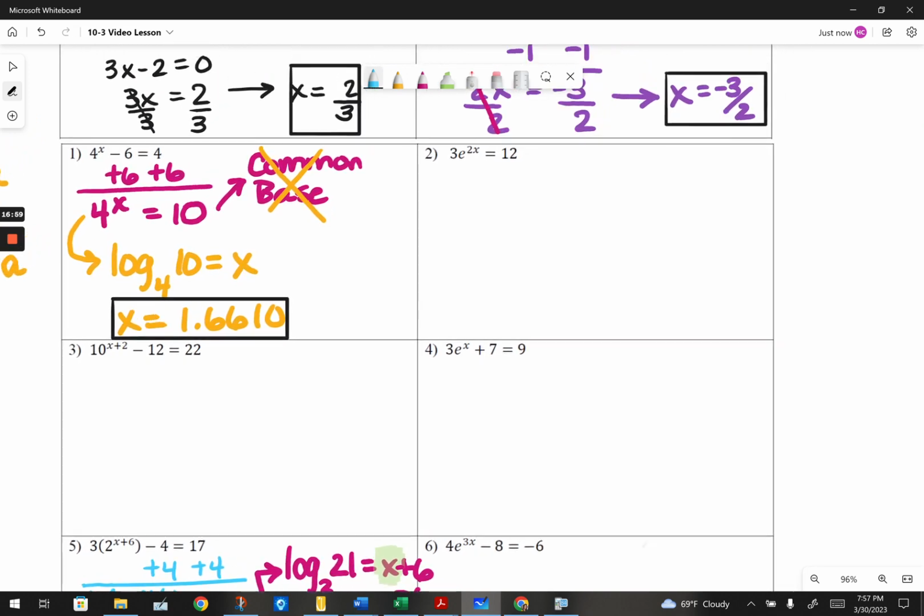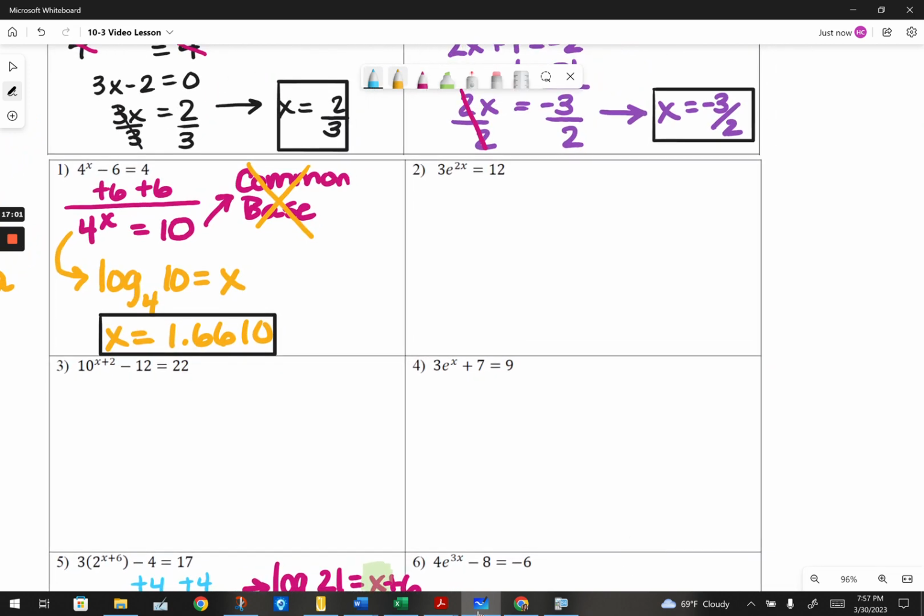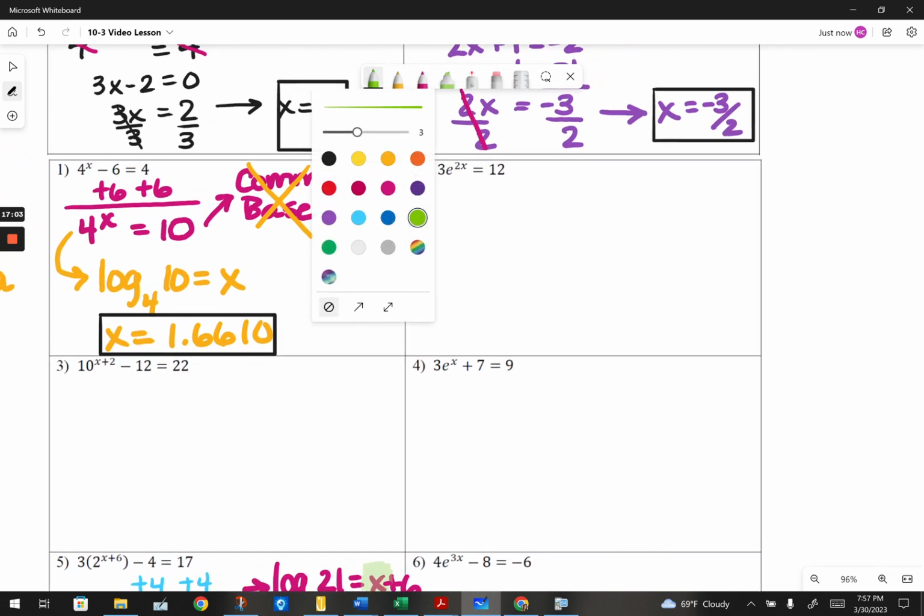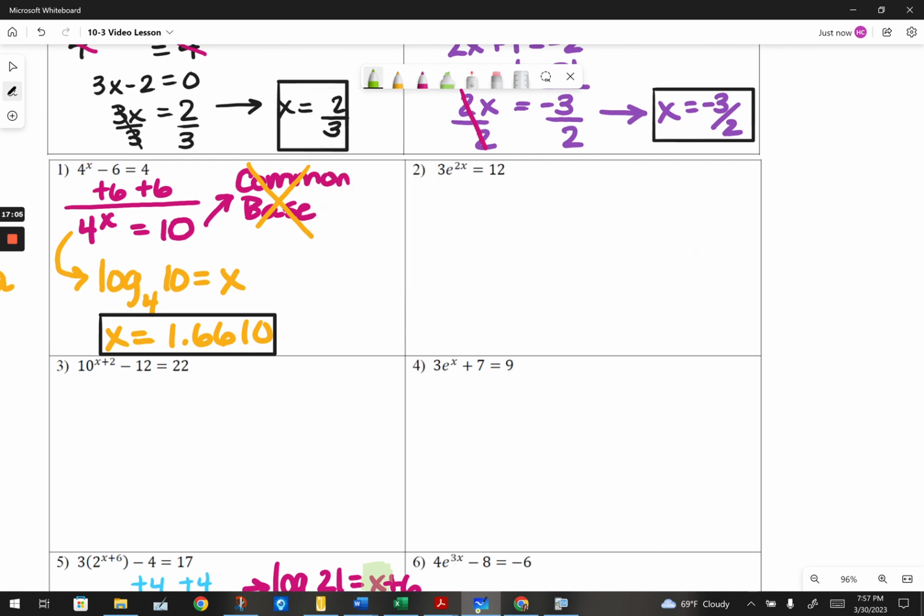All right, with number 2, what we're going to do again is make this equation look like this: a number raised to another number equals another number, right? So right now, the 12 goes very well inside of here. My exponent goes very well right here. But then the 3 and the e, they don't go together.